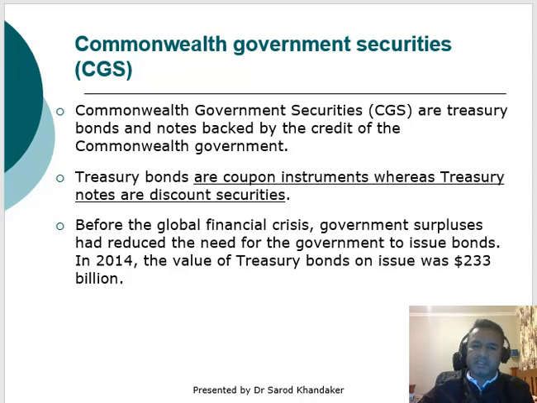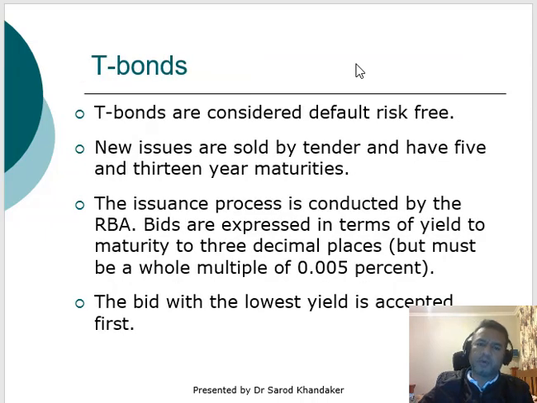Note that before the global financial crisis, government surpluses had reduced the need for the government to issue bonds. However, in 2014, the value of Treasury bonds issued was about $233 billion. Treasury bonds, or T-bonds, are considered default risk-free.